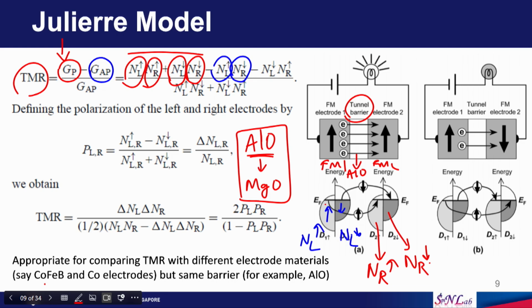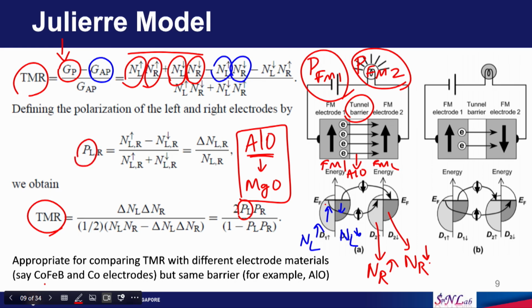So finally, if you look at this model, it only talks about the polarization of the electrodes. For example, let us say this is ferromagnet 1. The polarization of ferromagnetic layer 1 and the polarization of ferromagnetic layer 2, only they determine the tunneling magnetoresistance. The barrier does not come into the picture. The definition of polarization is given here.